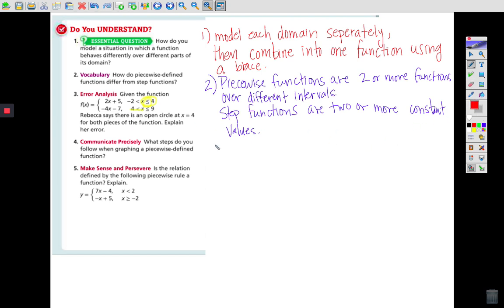So for number 3, I said for the first domain, x equals 4 should be a closed circle.